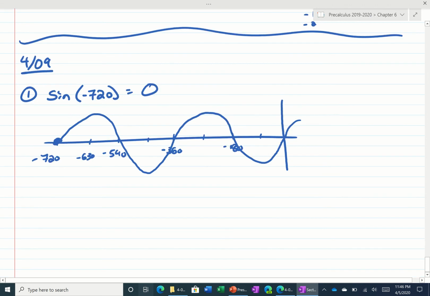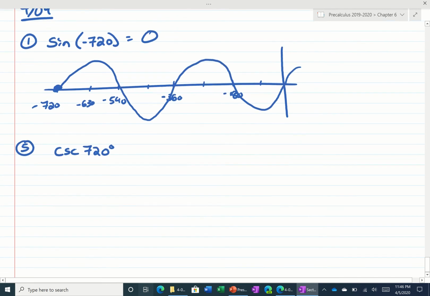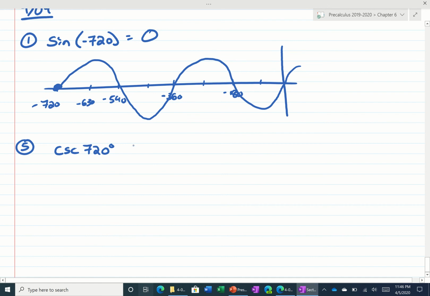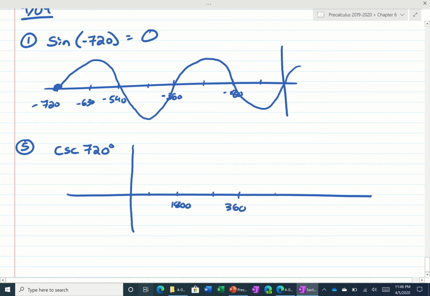I saw number 5 next. Number 5 says, what's the cosecant of 720? So what I would do is figure out what the sine of 720 is. It's 180, 270, 360, 450, 540, 630, 720 is right here.